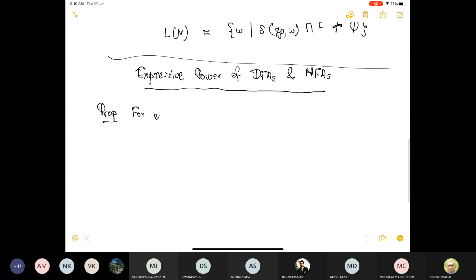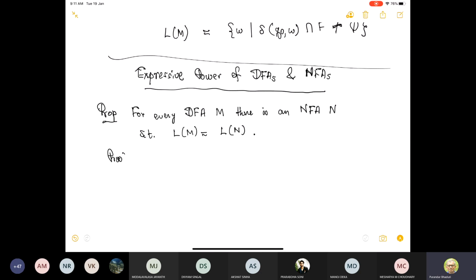First, the easy one: for every DFA M, there is an NFA N such that the languages accepted by the two are the same.